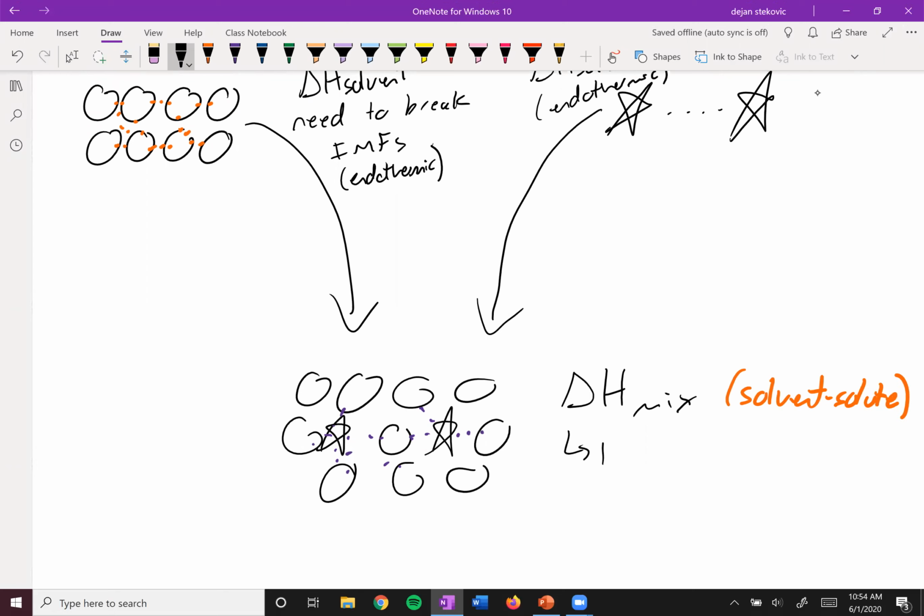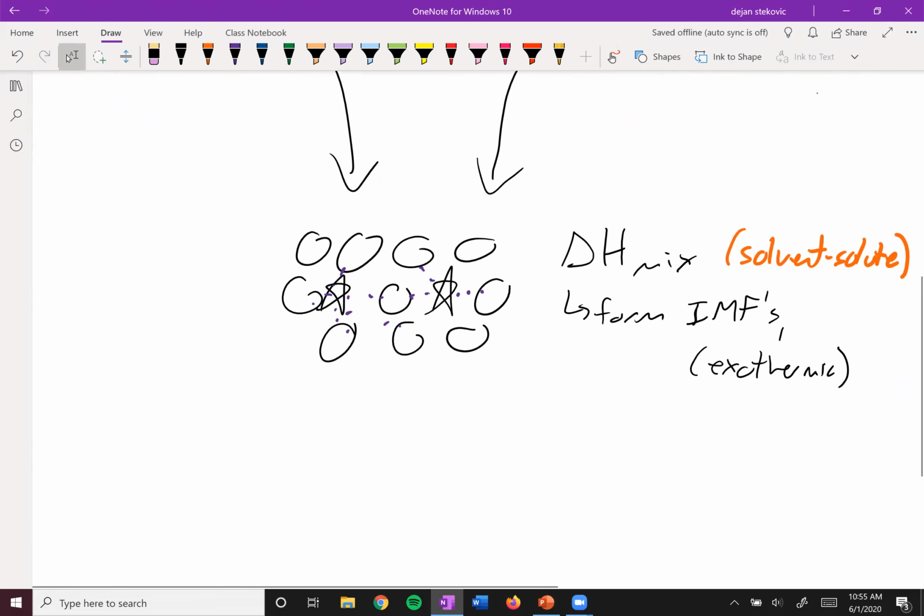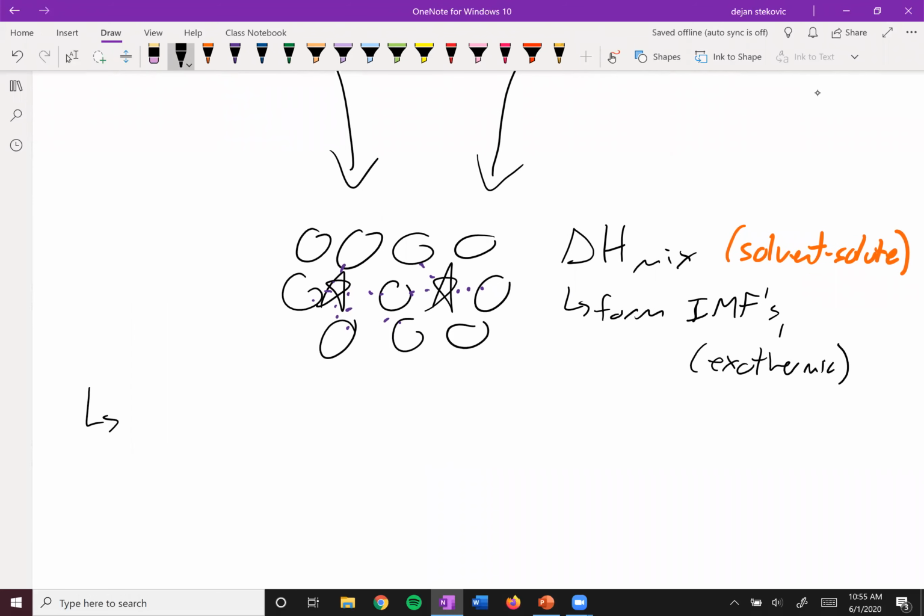And since we're forming intermolecular forces, we're essentially forming a favorable process. That means that this is exothermic. So you can see we have to put energy in to break these intermolecular forces, and then we get energy out when these new intermolecular forces form. So this is the process known as solvation.